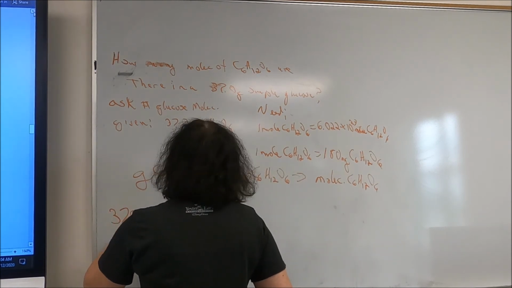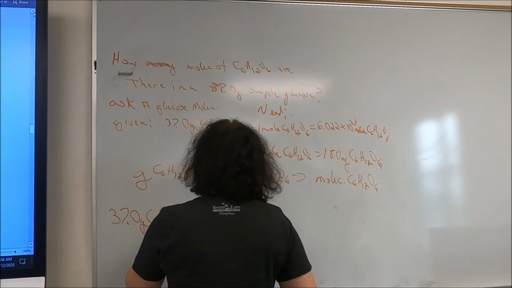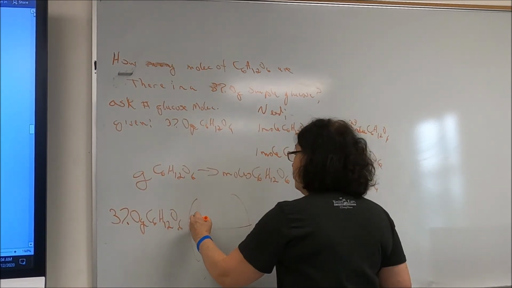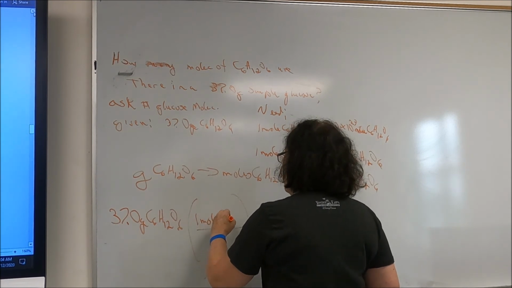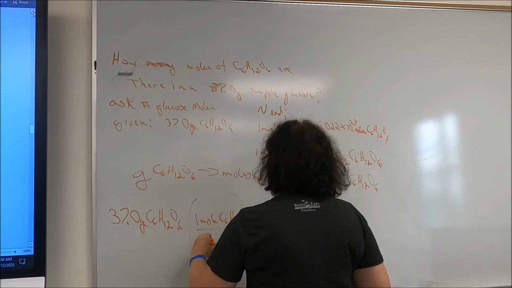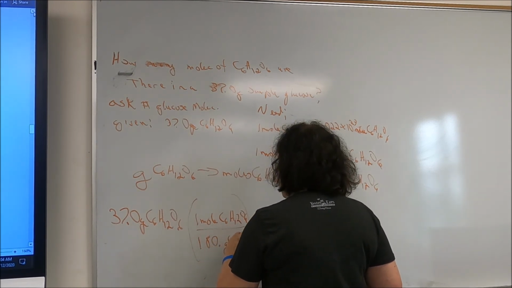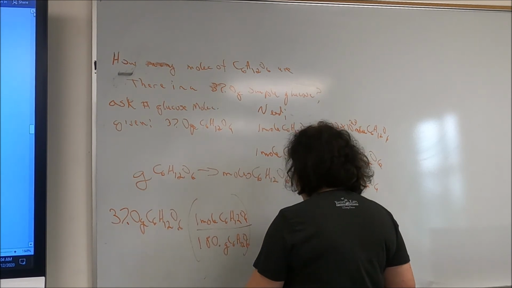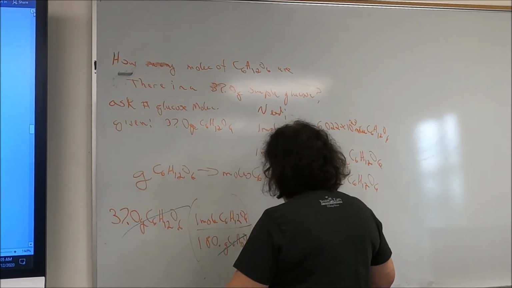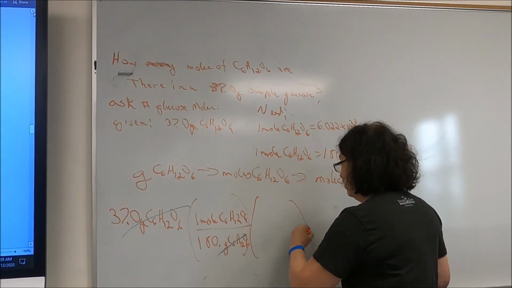So 37.0 grams of C6H12O6. My first step is to go to moles. So 1 mole of C6H12O6 for every 180 grams C6H12O6. Notice that grams of glucose divide out. I'm in moles of glucose. Now I can go to molecules.